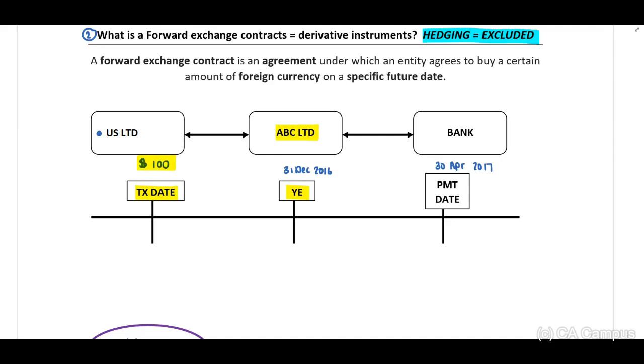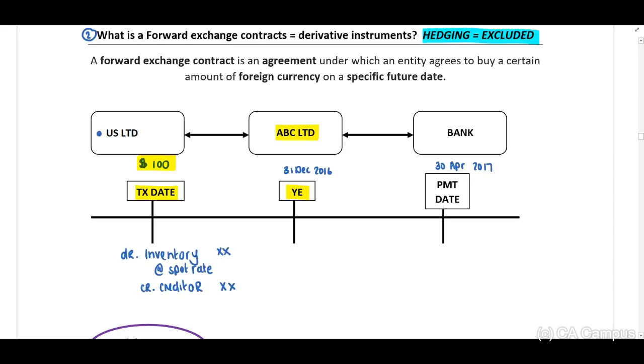Therefore, our transaction will be to debit our inventory at what value? Guys, at spot rate at transaction date, and to credit our creditor at spot rate at transaction date.